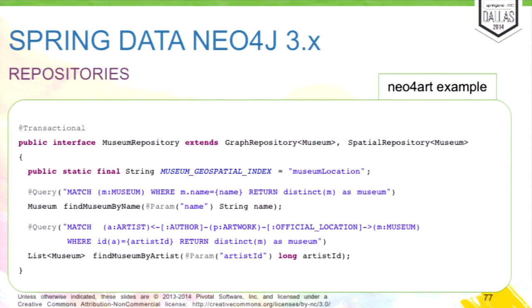Yes? I saw that in your code examples, you have referred to some indexes. So you have to create your indexes, and then what if I didn't refer to them? Yeah, so the question was, we have referred to some indexes in our examples. That's because in Neo4j we're in a transitional period right now, where before Neo4j 2.0 we had all manual indexes that had to be managed manually.